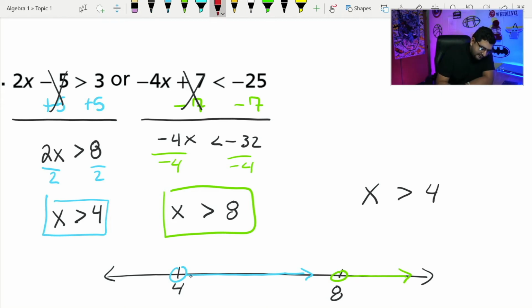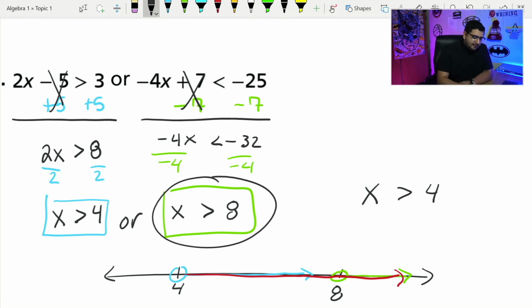Because I know x is allowed to be either greater than 4 or x has to be greater than 8. Well, if you're greater than 8, you're definitely going to be greater than 4. Any number that I pick that's part of this inequality is automatically included in this inequality.